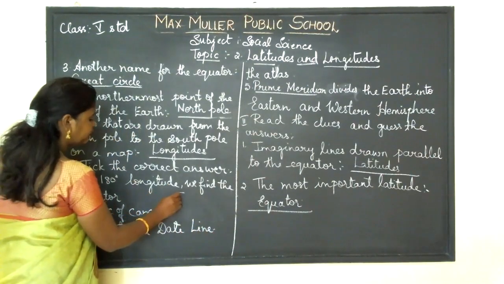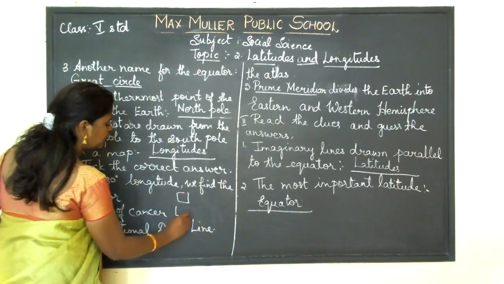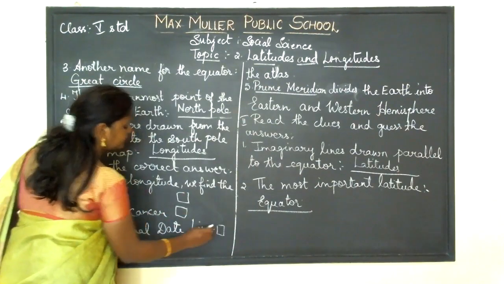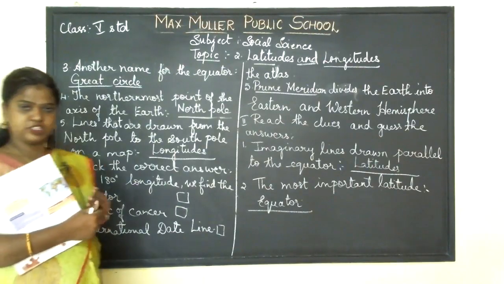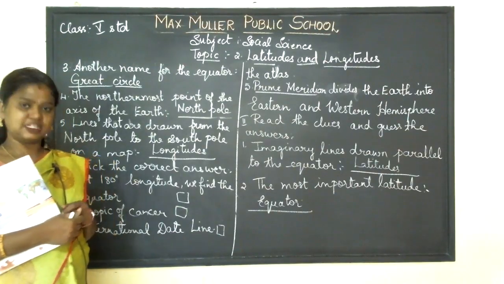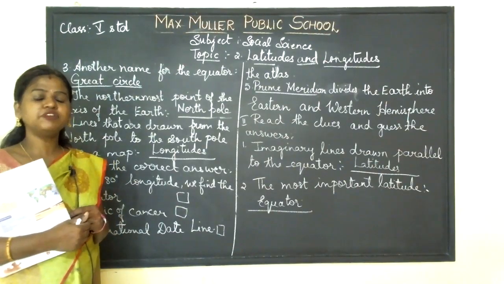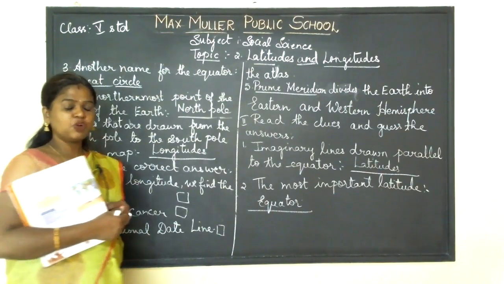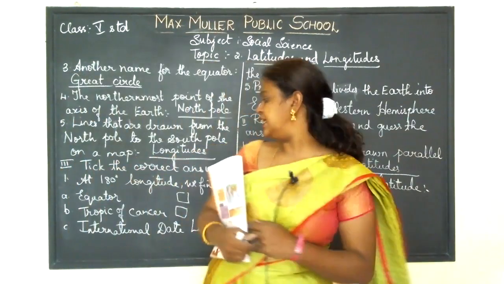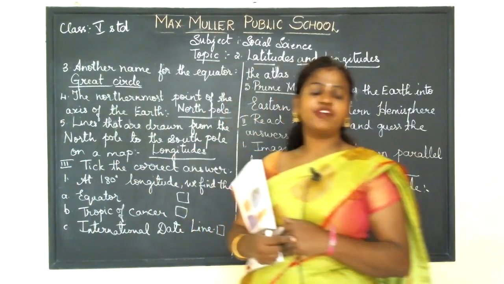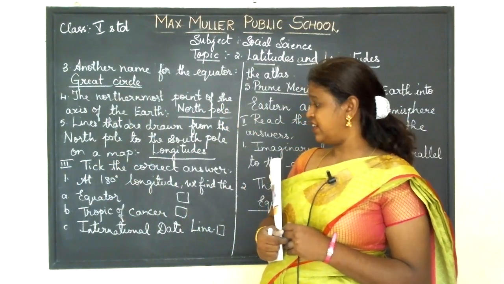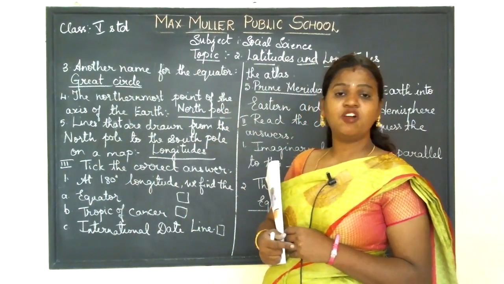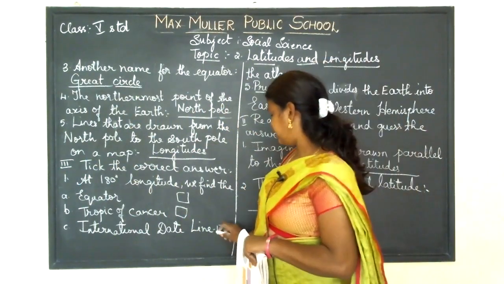So here they have given some of the options to you people. What is the question? At 180 degree longitude, we find the dash. And there are three options given over here: equator, Tropic of Cancer, international dateline. So here we can just find out this 180 degree longitude and international dateline.